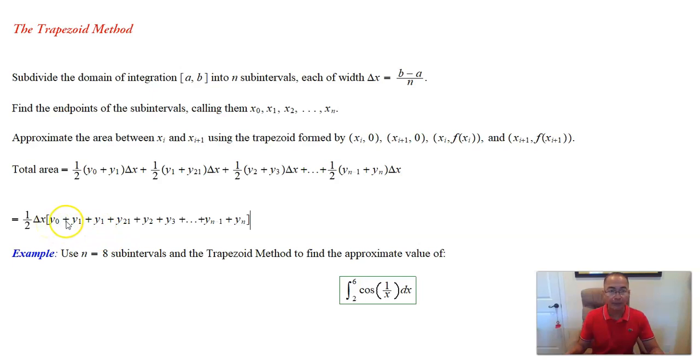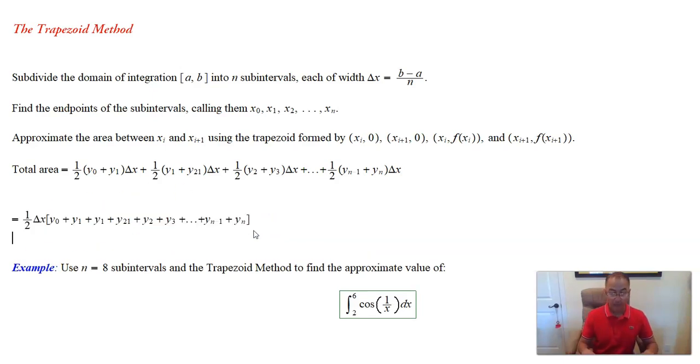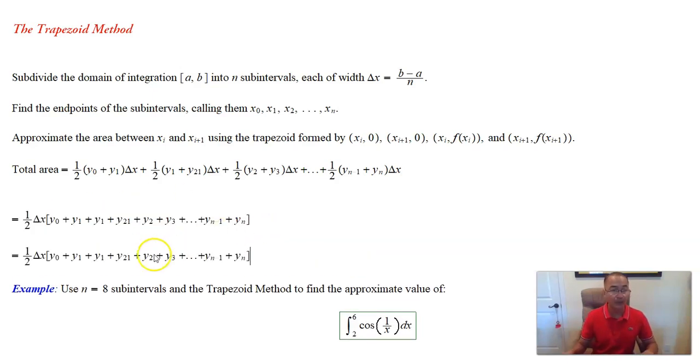y0 does not have a partner, but y1 has a twin in the next trapezoid to the right. So we can simplify this, of course, as y0 plus 2y1. And then y2 also has a twin to its right. Why is there a 1 over there? We should remove that.